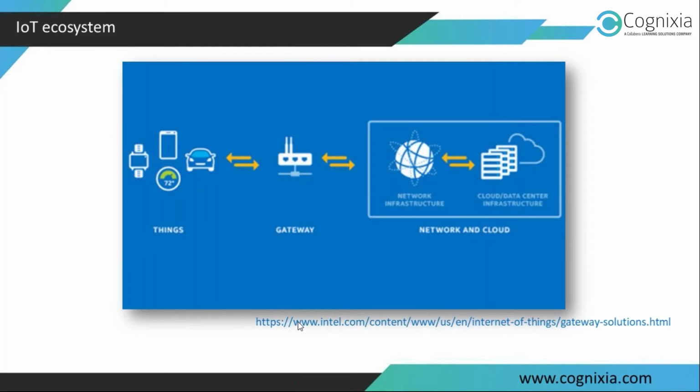And last but not least, a gateway can also play the role of a security node, because when you go for a gateway-based architecture, the gateway is the only node from where your data and commands will go in and out. So a gateway is the node where you can have your security solutions deployed.